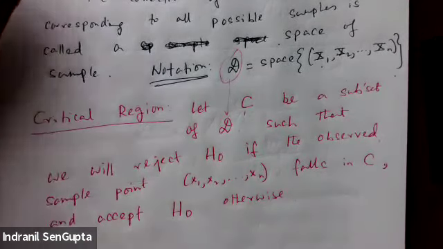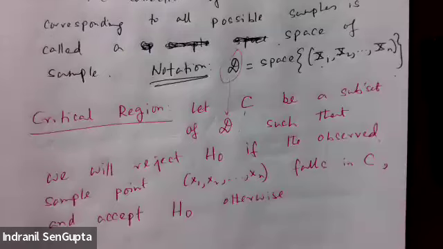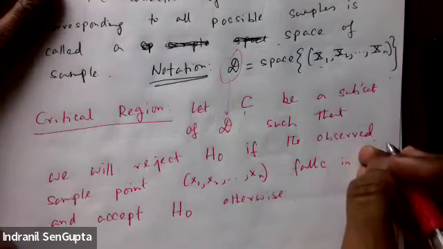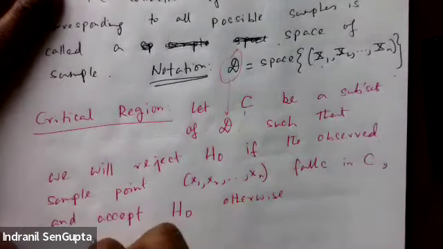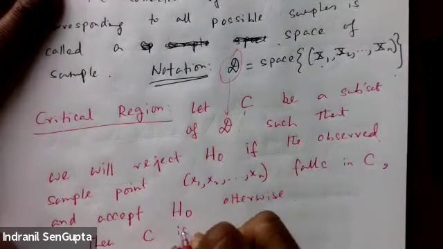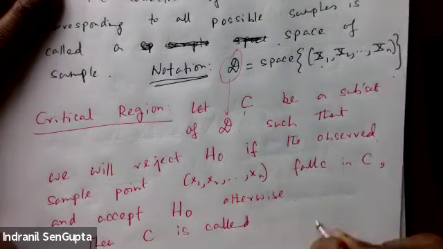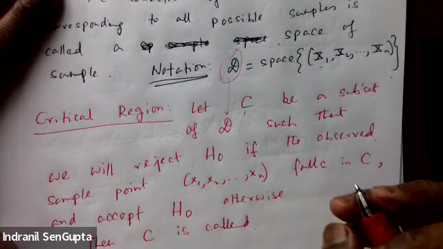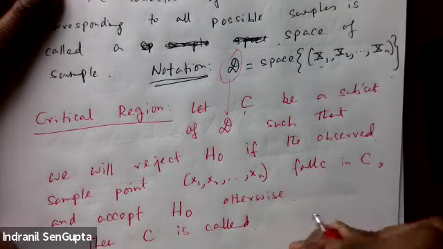That means we accept when the observed value falls in the complement of C. Then C is called the critical region.